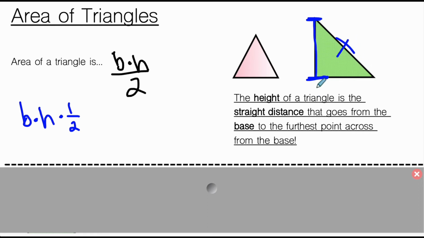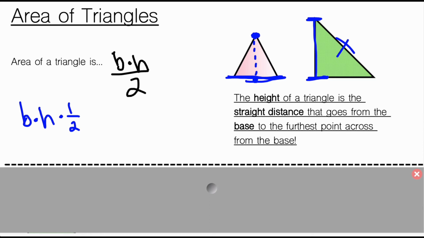In this figure, let's say we were calling this the base. Well, this is the furthest point from the base, so the height would have to be a measure that goes straight down the middle, because that goes from the base to the tallest point in a straight line. So the height is the straight distance from the base to the furthest point from the base.